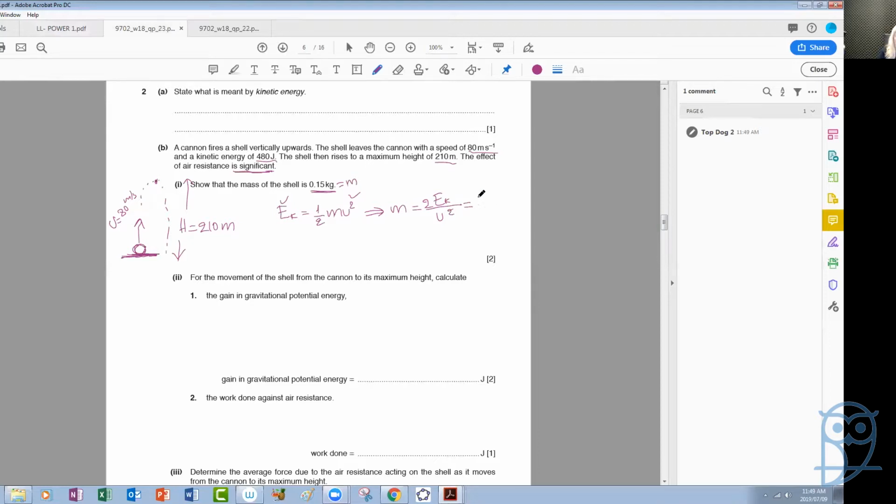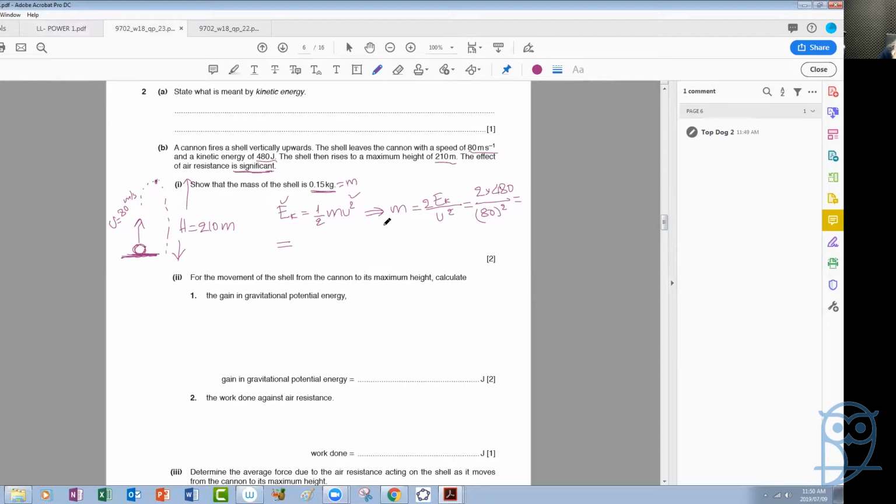And what is this? 2 times kinetic energy is 480 joules. The v is 80 meters per second, but squared. I must not forget to square it. And this, we do the calculations.